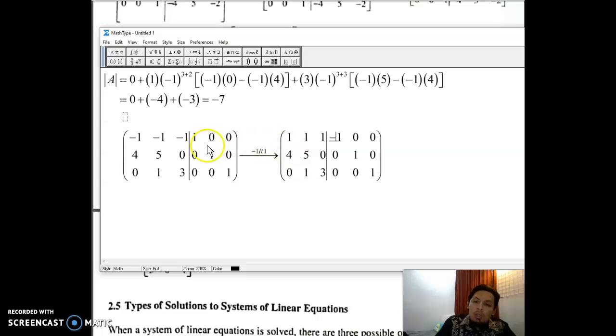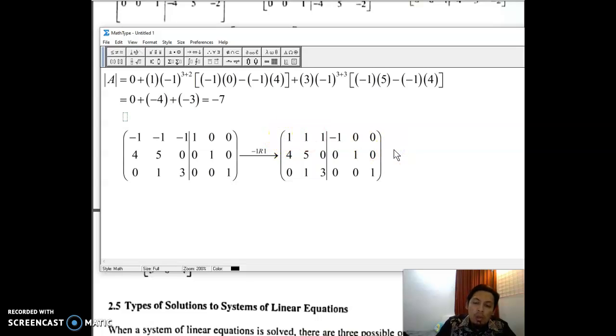It will become 1. So how to change this one to 0? Now we don't need to look at this one. We look at the recent one, which is this one. We know that we have 1 here, so we can multiply this by 4, and later we can subtract it from R2.